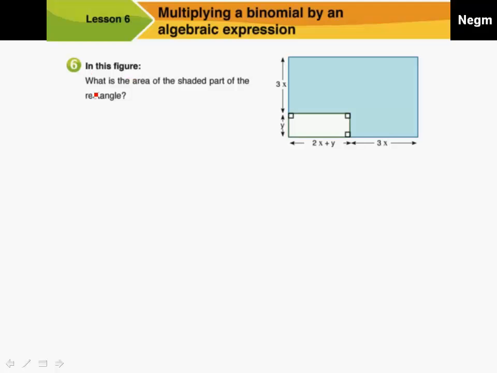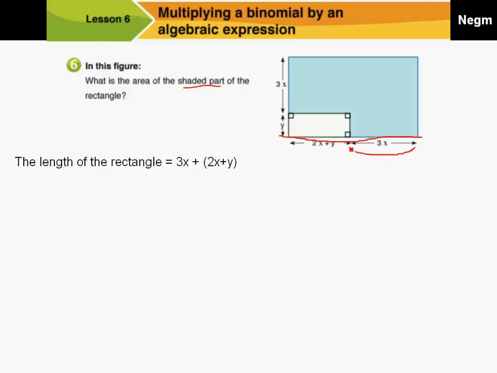In this figure, what is the area of the shaded part of the rectangle? We have a rectangle here and we have a small rectangle inside. The shaded area is the area of the rectangle minus the area of the small rectangle. In order to calculate the area of the big or large rectangle, we have to calculate the length.